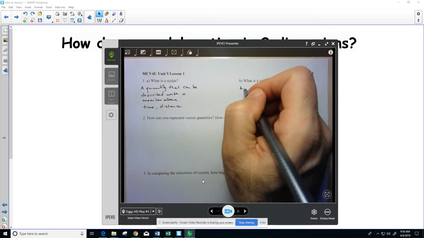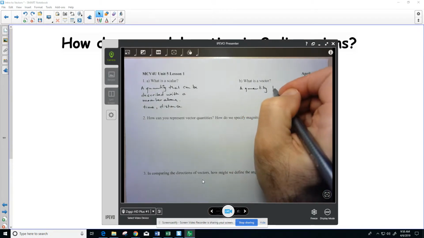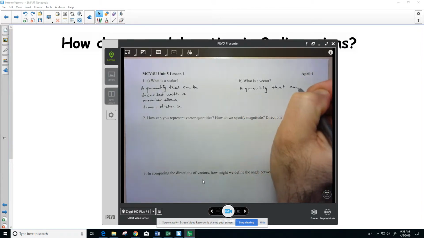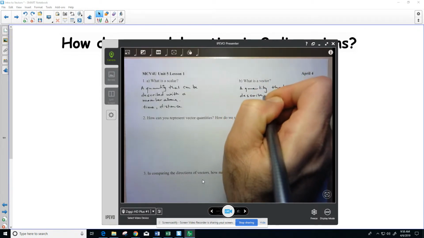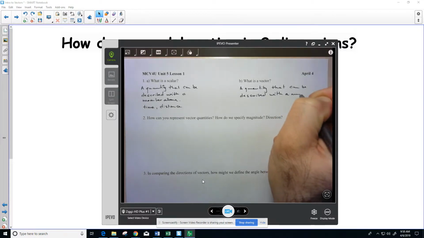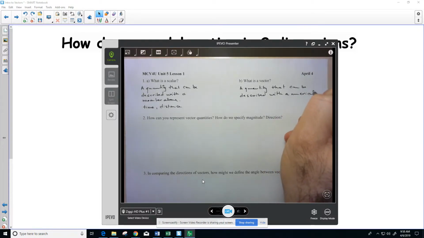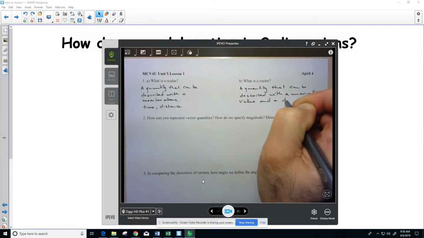A vector quantity is a quantity that needs both a numerical value and a direction. So this is a quantity that can be described with a numerical value, a number, and a direction.